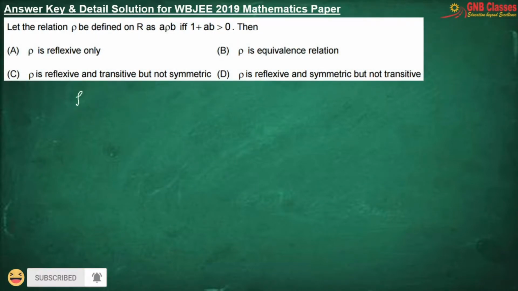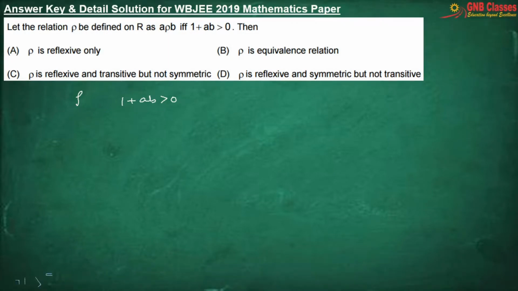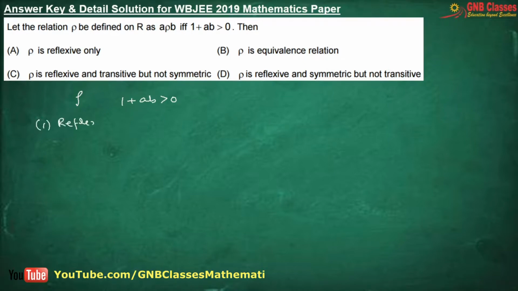Here the relation rho is defined on R and the definition is 1 plus AB is greater than 0. So here we will check one by one its reflexivity, symmetry as well as transitivity. First one is reflexive.